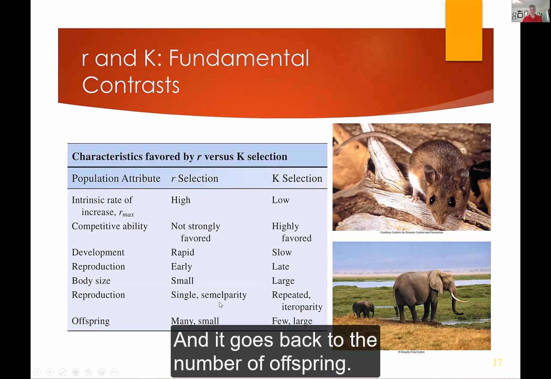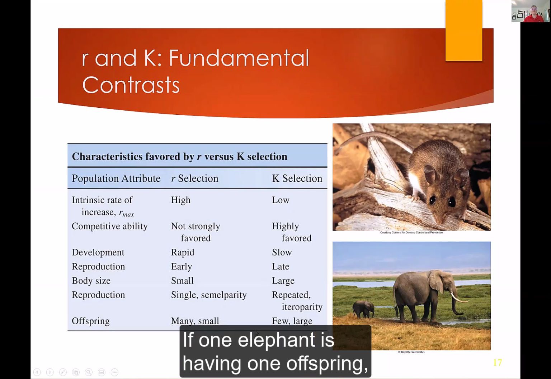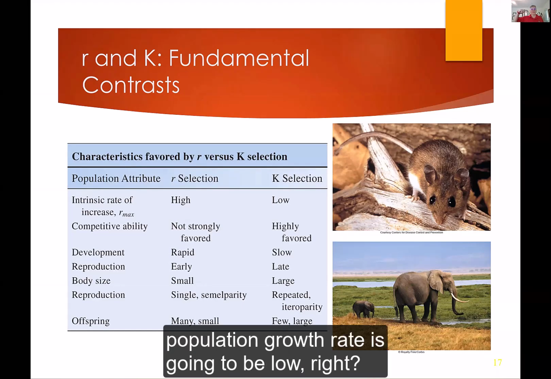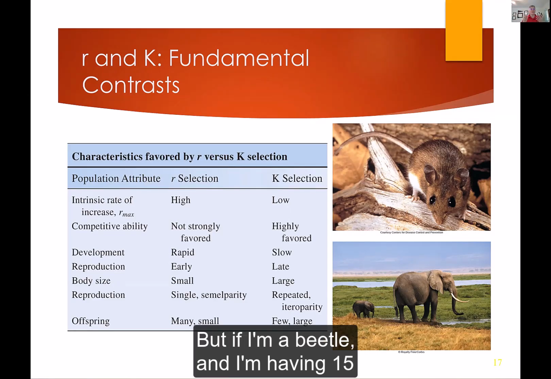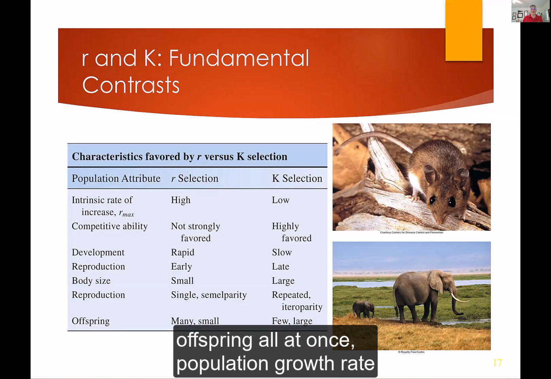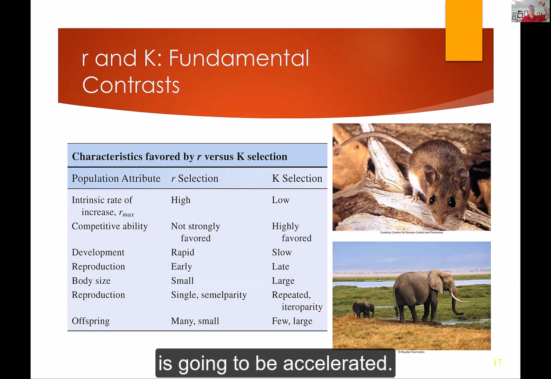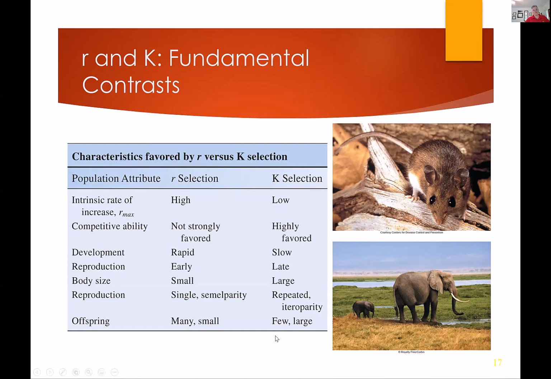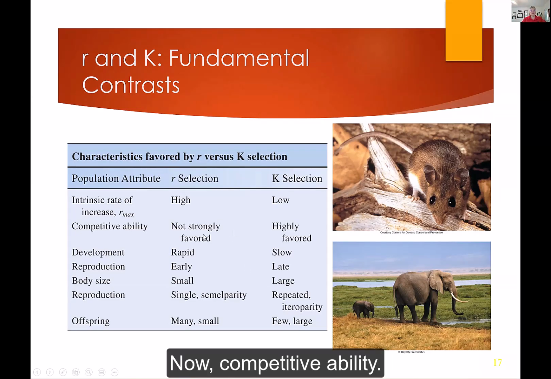And if it goes back to the number of offspring, right? If one elephant is having one offspring, population growth rate is going to be low, right? But if I'm a beetle and I'm having 15 offspring all at once, right, population growth rate is going to be accelerated. Now, competitive ability.